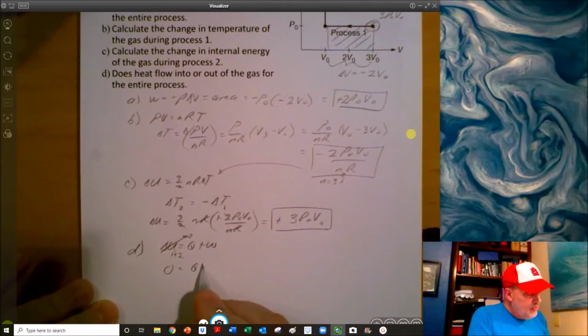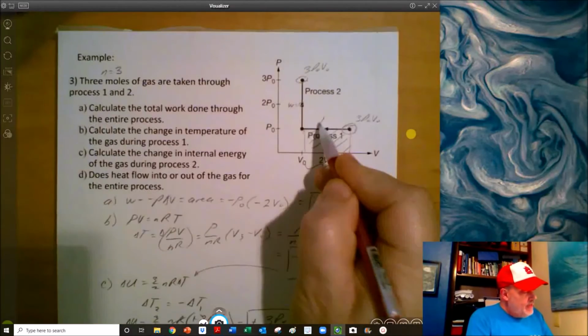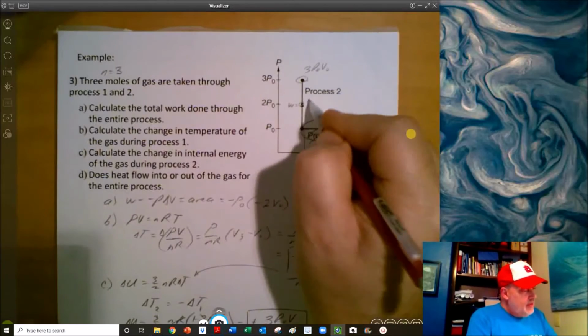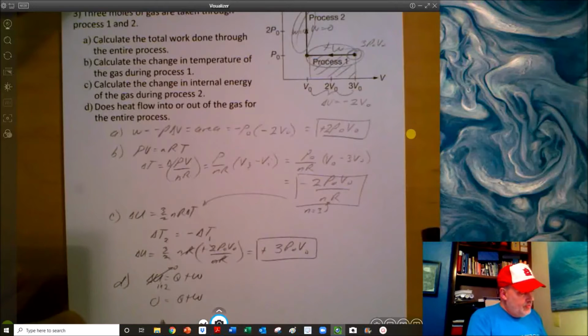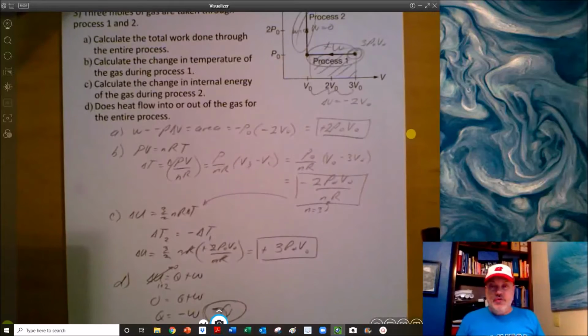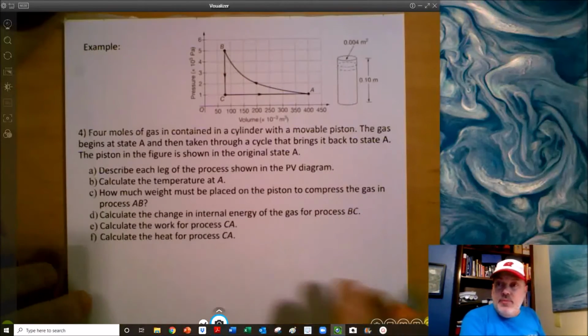So 0 equals Q plus W. And we know that we have positive work here and work equals 0 here. So we have positive work done and Q equals negative the work, but the work is positive, so Q is negative for the entire process. There we go.